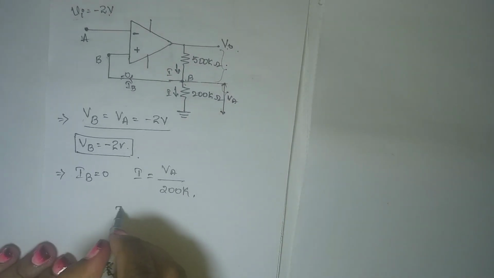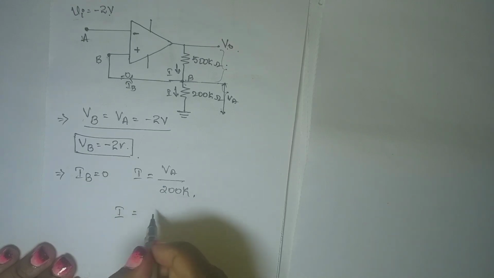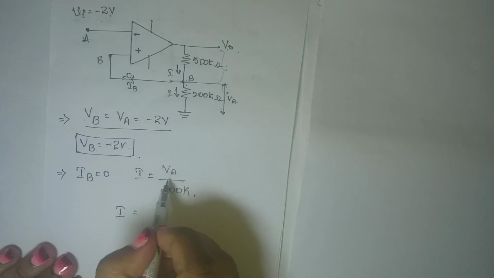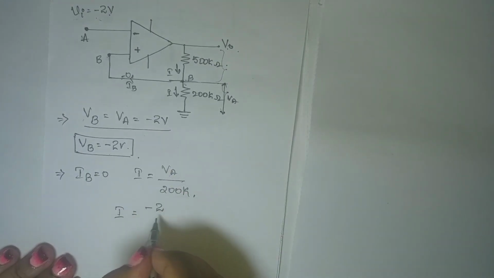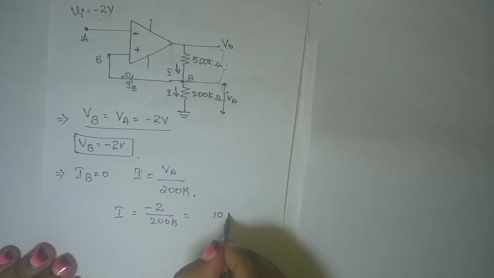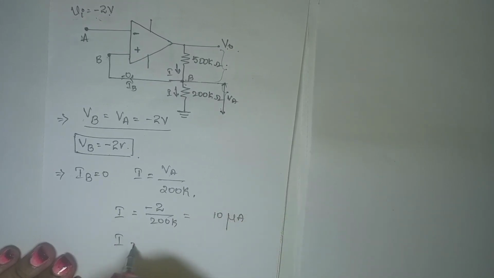Oh, I missed the minus here. So it is minus 2 divided by 200K, which is equal to minus 10 microamps.